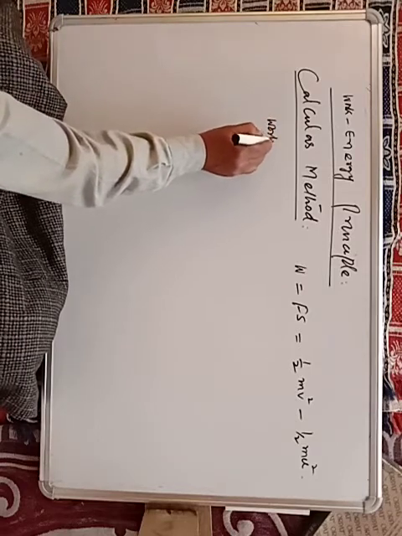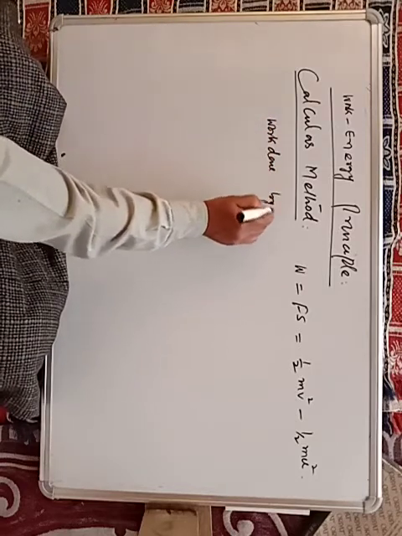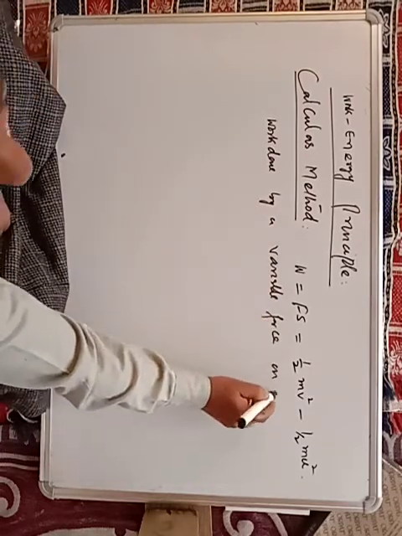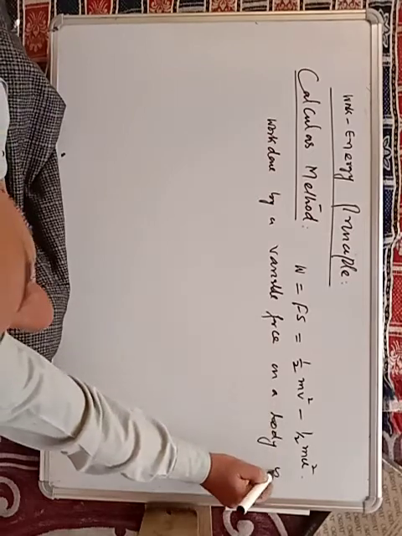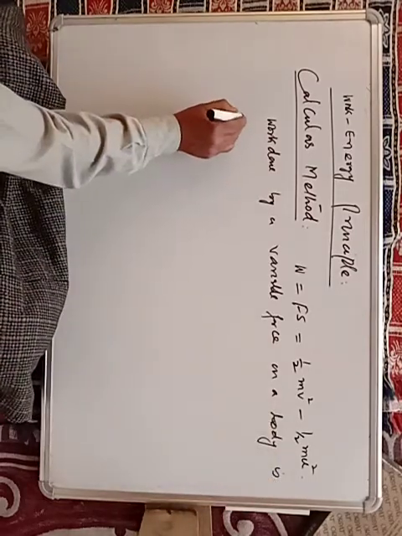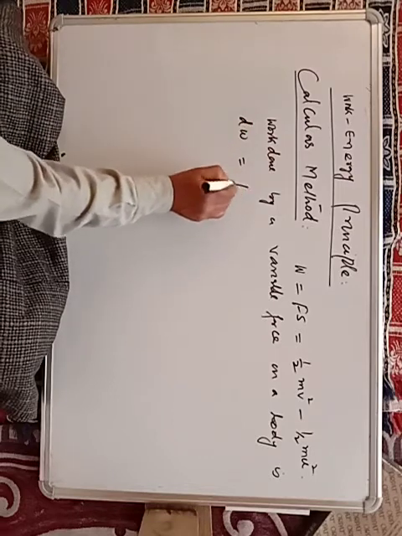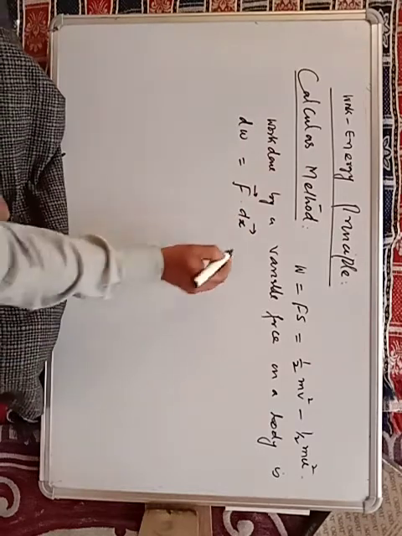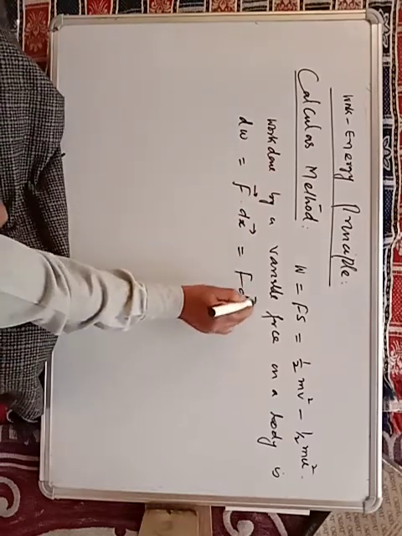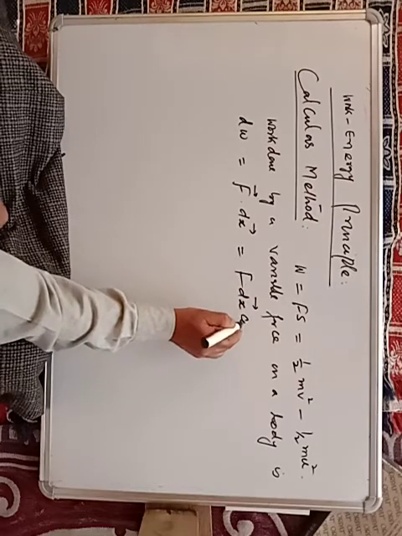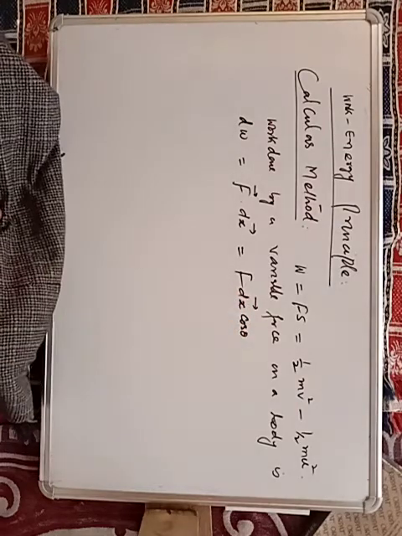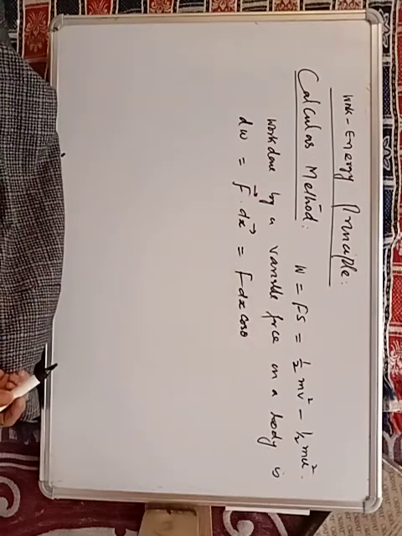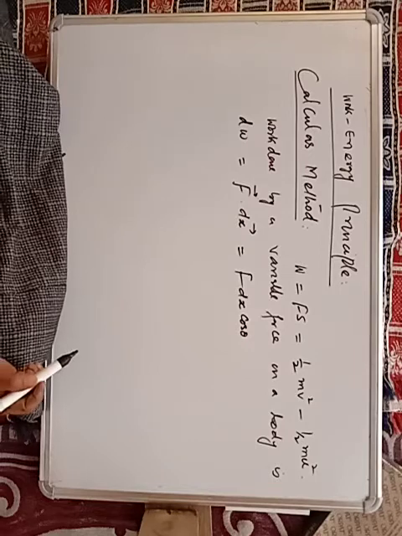Work done by a variable force on a body is dW is equal to F dot dx, which is equal to F dx cos theta, where theta is the angle between force and displacement.